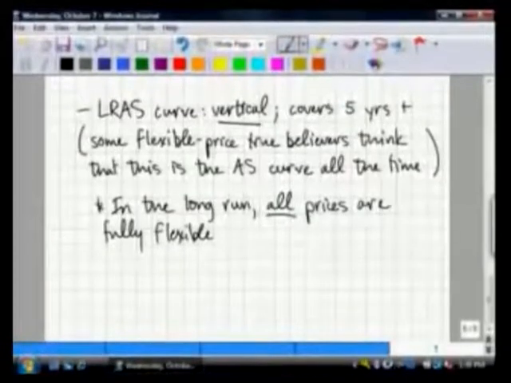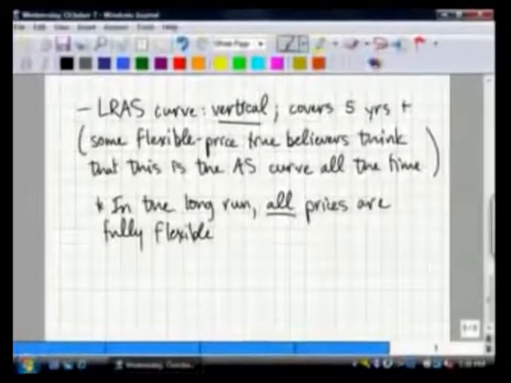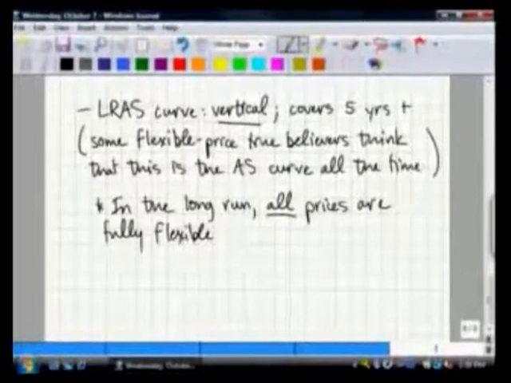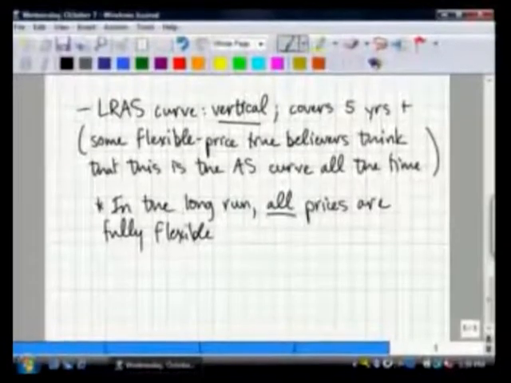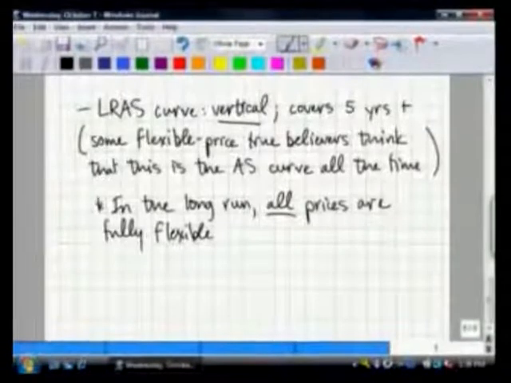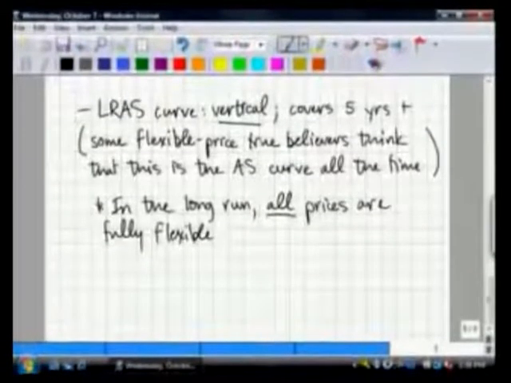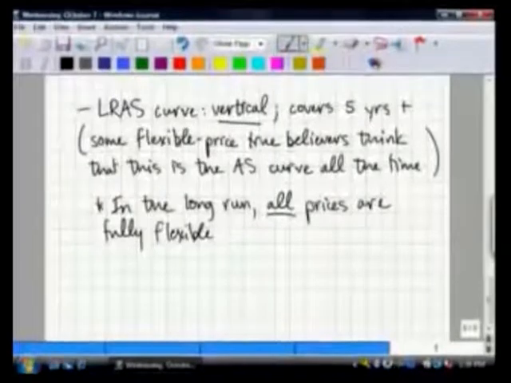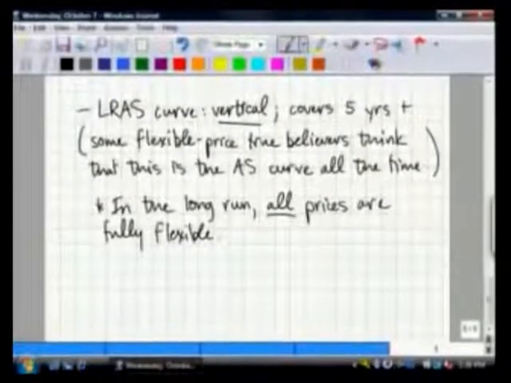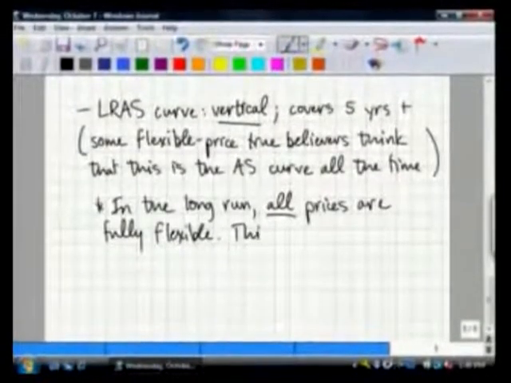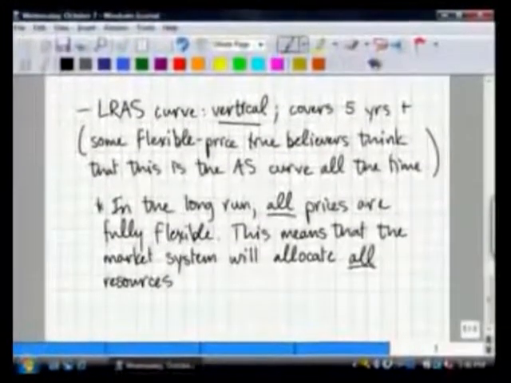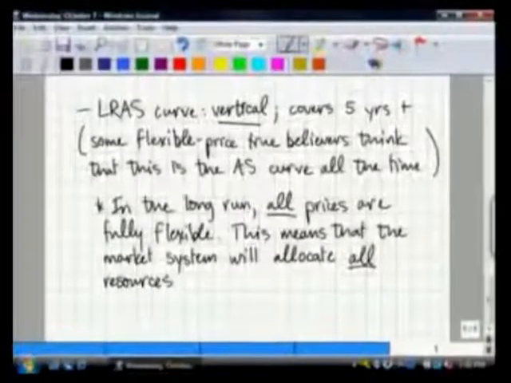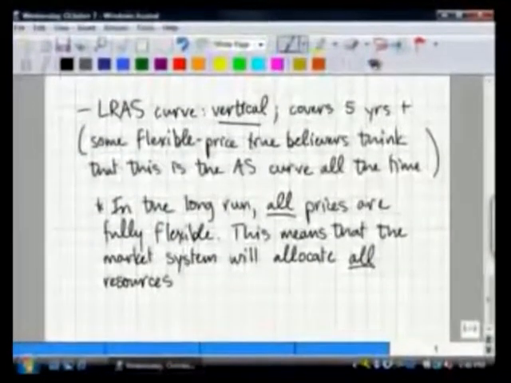If we let the price mechanism work and do its job, then everybody's going to be equating marginal cost to marginal benefit in every possible dimension, as we talked about on the micro side. Everybody's thinking about what things look like at the margin. They're going to be adjusting the quantities to match the prices, and the prices will follow. So all prices are fully flexible. This means that this market system will allocate all resources in the economy to their most efficient use.